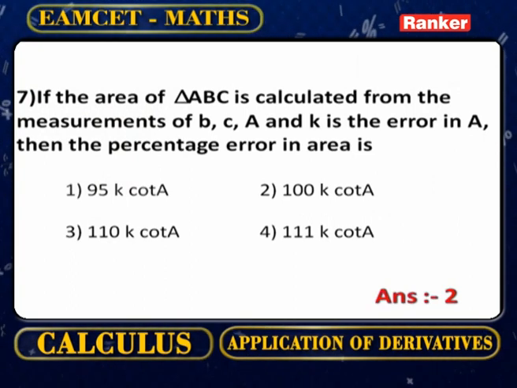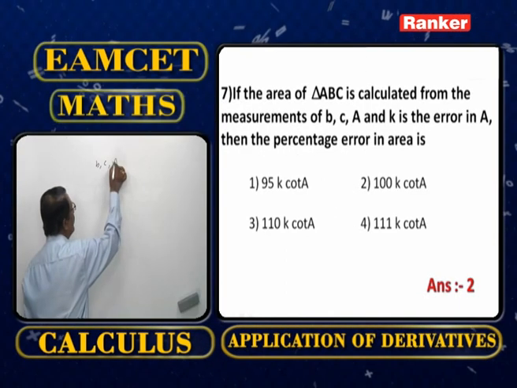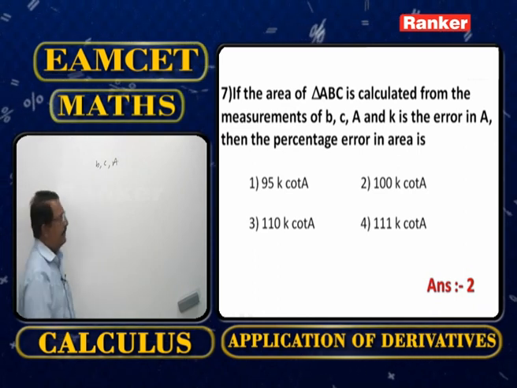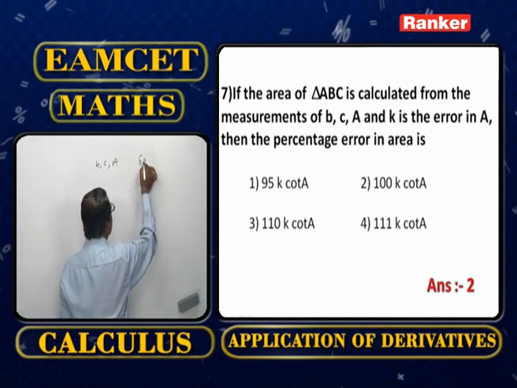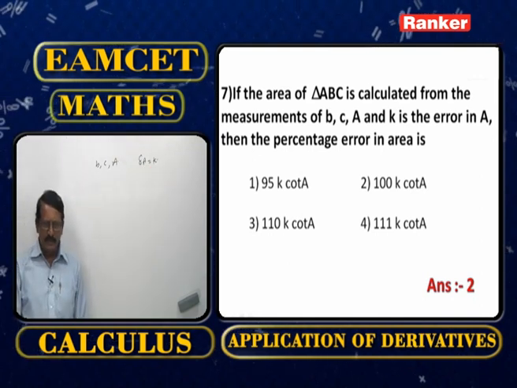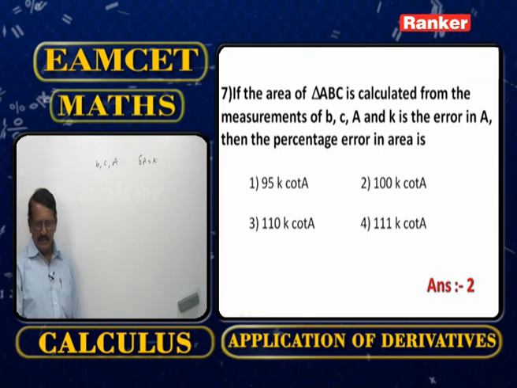If the area of the triangle is calculated by measurements of b, c and capital A, and k is the error in A, meaning delta A equals k, then find the percentage error in the area.